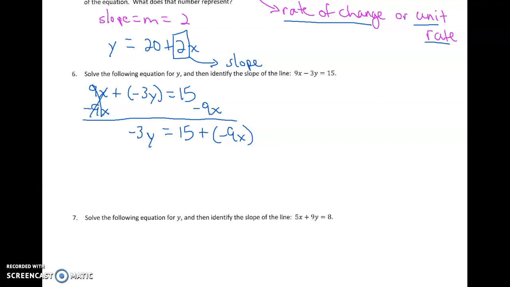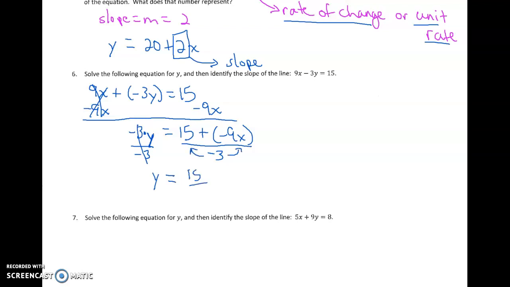It's negative 3 times y, so I want to do the inverse, the opposite. The opposite of multiplying is dividing, so I'm going to divide both sides by a negative 3. A negative divided by a negative is a positive y. And over here, we've got to divide each term by a negative 3.